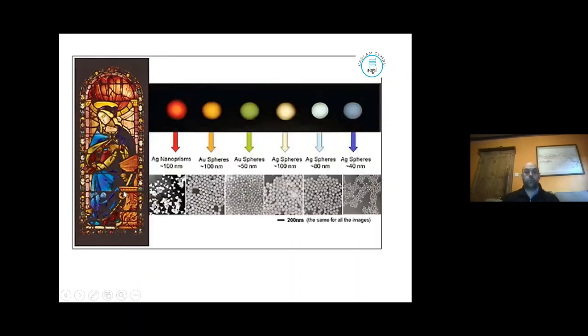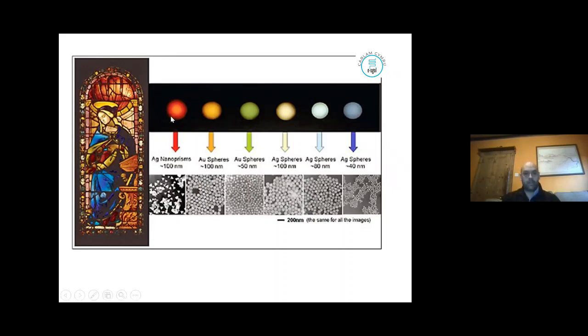So one of the things that's different about nanoparticles is their color. It's the large surface area that is why they have different properties. Gold, for example, has different colors. You can see here, gold at 50 nanometers appears green in color.